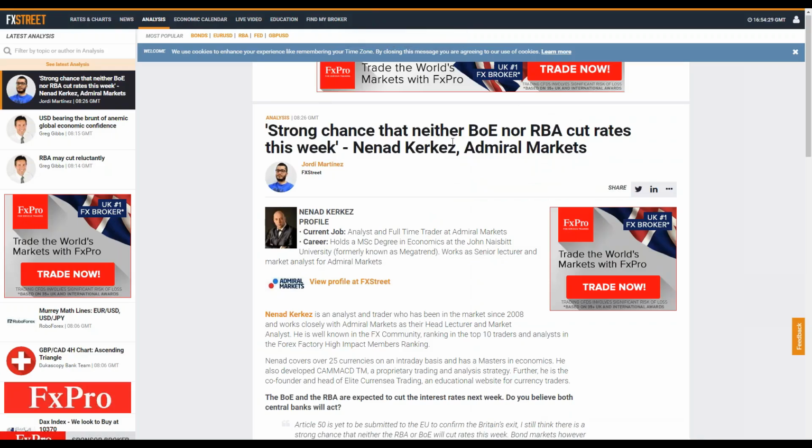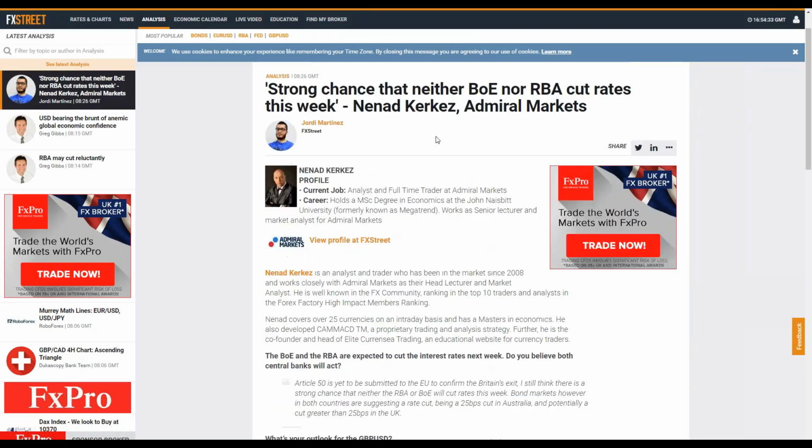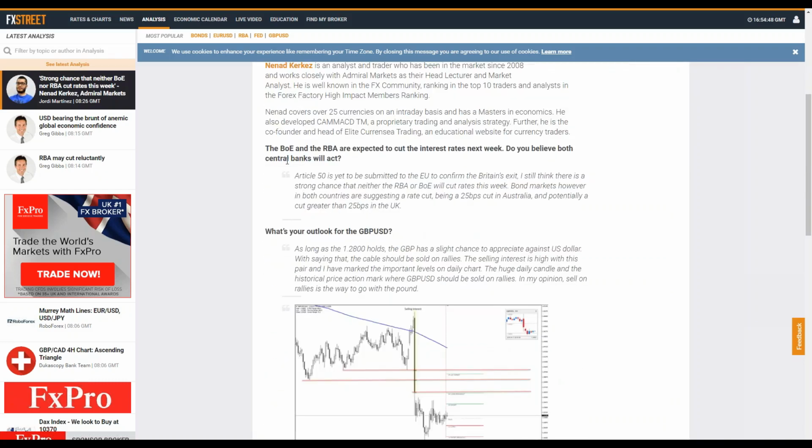It's a strong chance that neither BOE nor RBA cut rates this week, so I don't think that they will cut rates, okay? But I'm not sure. This is my opinion, guys, but I cannot decide about this, obviously. Article 50 is yet to be submitted to the European Union to confirm Britain's exit.